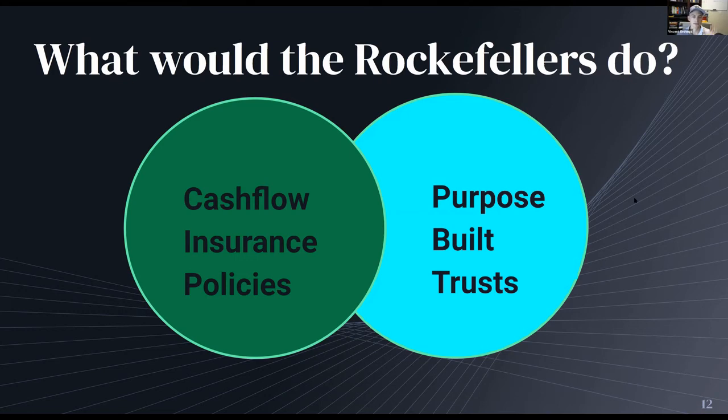This is a very specific vehicle that's set up a very specific way. So you have to go to an insurance specialist that specializes in structuring these. So that is one thing, and they get them on everybody.